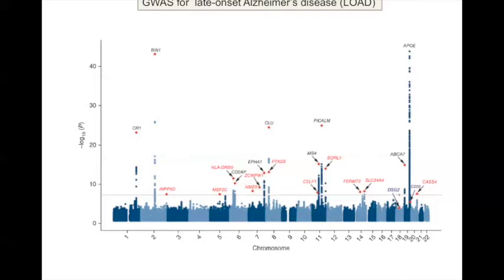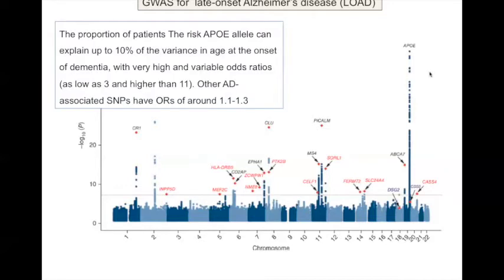So let's see what we have here. First of all, there are multiple different genes that we can see. We're not going to go into the names of all of these genes today, but suffice to say that like other illnesses that we've studied, there are multiple loci, each of which only has a very low odds ratio, with the exception of ApoE.